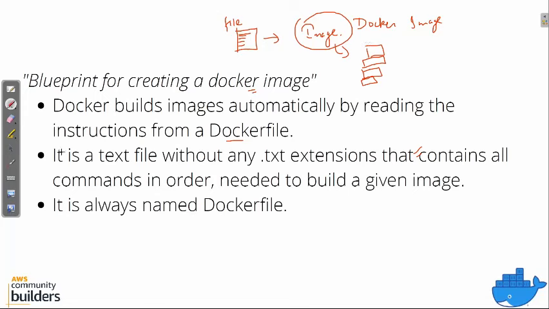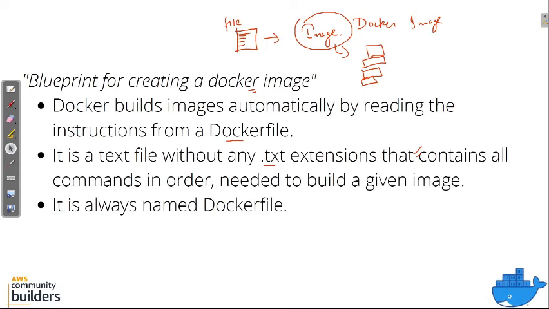Yes, it is a text file. As I've already told, a Dockerfile is a text file without any .txt extension. We know that all the text files that we have in our PC have the extension .txt. But for a Dockerfile, if you are coding in VS Code, you will just write Dockerfile. You don't have to add the .txt, and it will automatically detect that it is a Dockerfile. You don't have to use any specific unique name or any fancy name.